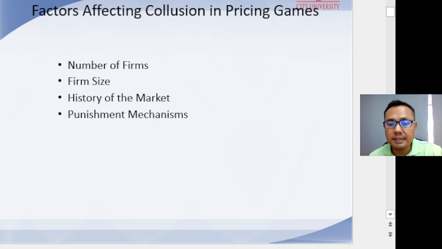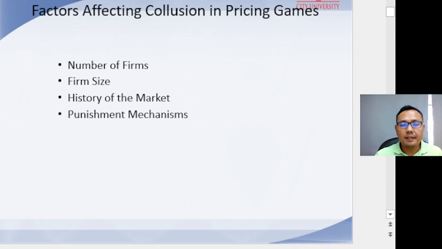Thus it may be easier for a large firm to monitor a small firm than for a small firm to monitor a large firm. For example, a large firm, say with 20 outlets, can monitor the prices charged by a small competitor with one outlet by simply checking prices at one store, but to check the prices of its rival, the smaller firm must hire individuals to monitor up to 20 outlets.